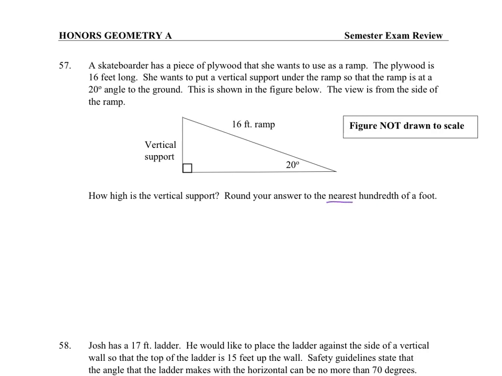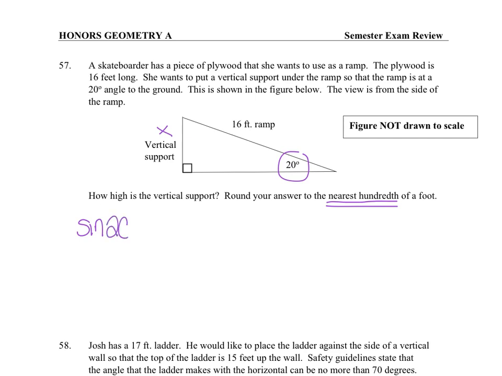So first of all, I want to underline this because it's really important that if it asks you to round to a certain number, that you actually do. So we know that we've got an angle of 20 degrees, and we need to find our vertical support, which is opposite the 20 degrees. We already know the hypotenuse, so this tells us that we're going to use the sine function.